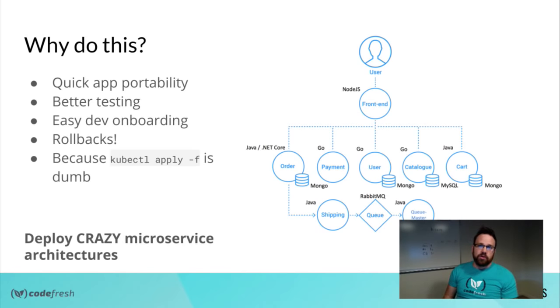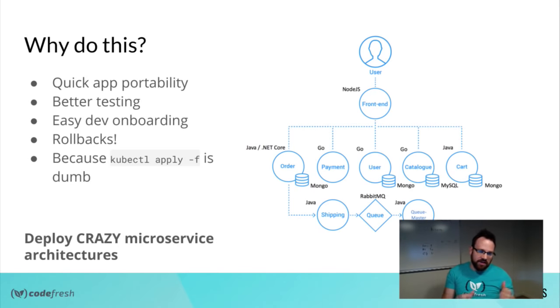We did some work with a customer the other day who has over 1,000 different services inside their company, and they don't really have a way of managing the dependencies. So this is why we were talking about using Helm, because it would allow them to define the dependencies of their application and then have that quick portability.